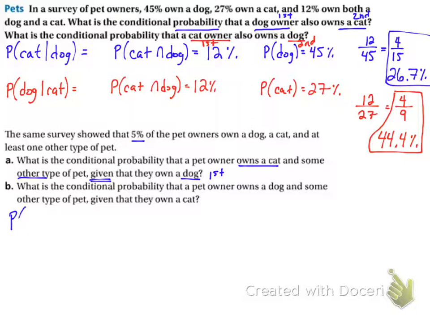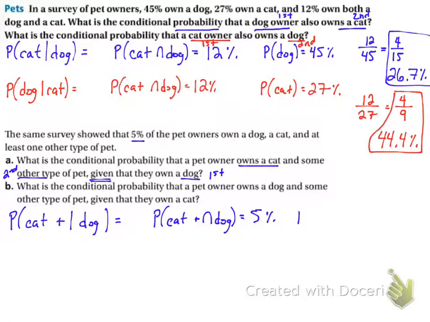So the probability that they, again, first is dog, second is cat and other type of pet. So I'm going to go cat plus, given that first they have a dog. And so probability that they own a cat and something else and a dog is going to be 5%.